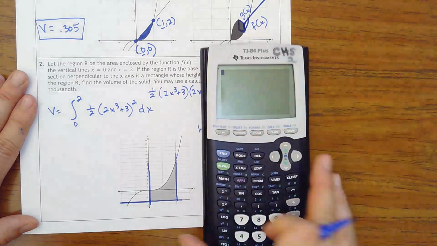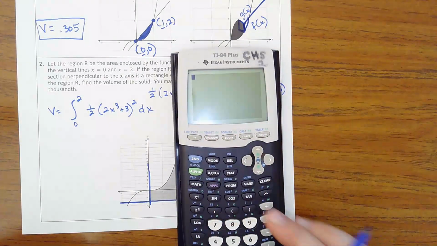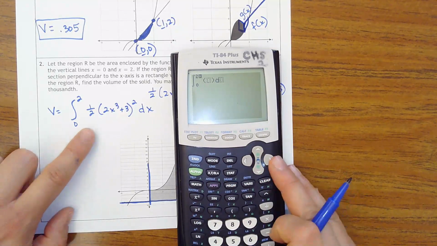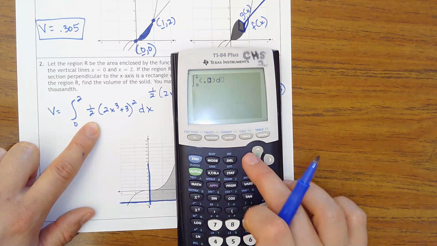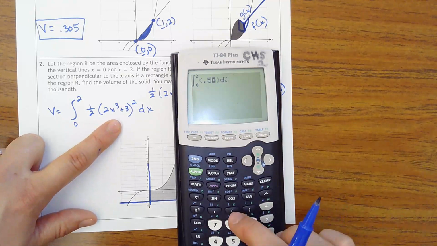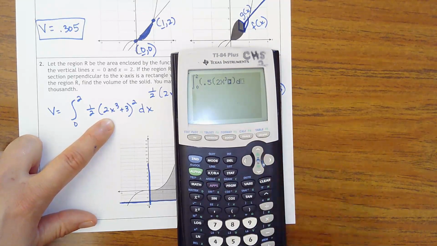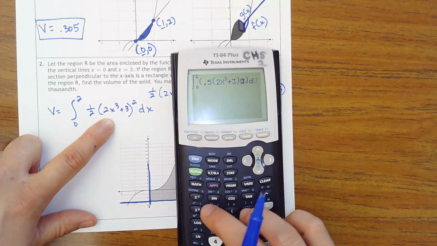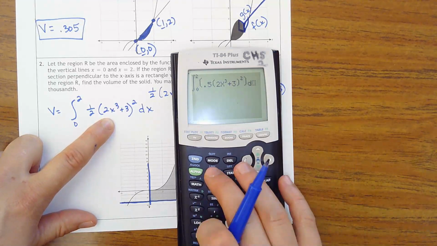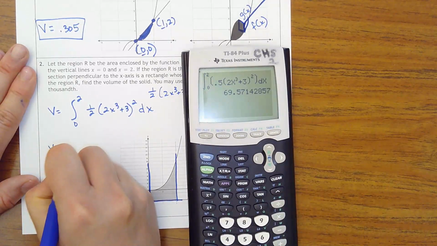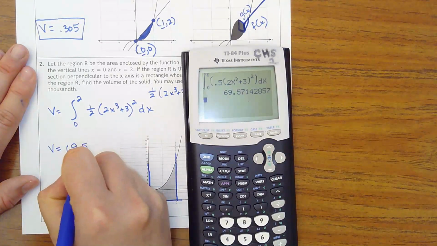Okay, so I actually don't need to put anything into my y equals. I'm ready to just plug this in. Math 9, 0 to 2. I'm going to put 0.5, and then I'm going to do parentheses 2x cubed plus 3 parentheses squared with respect to x. And that'll accumulate all the volume, which is 69.571.